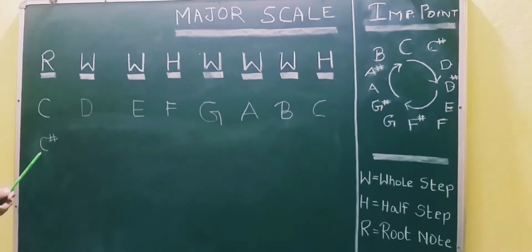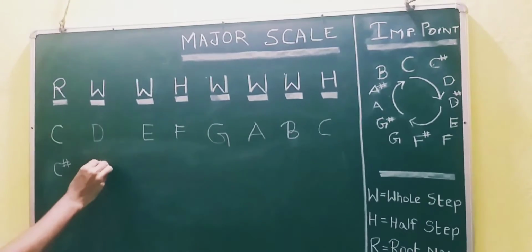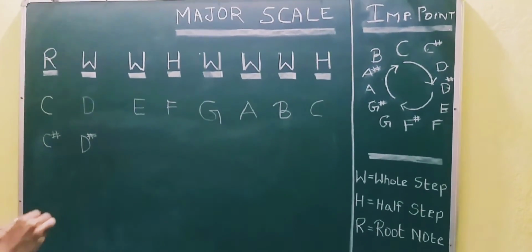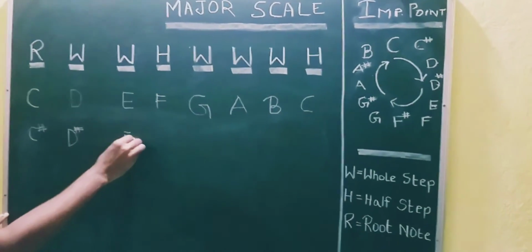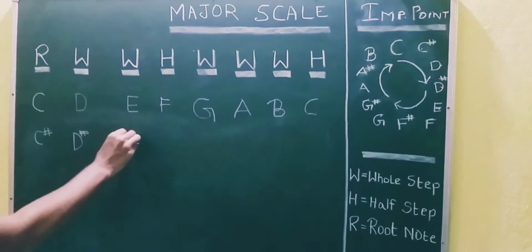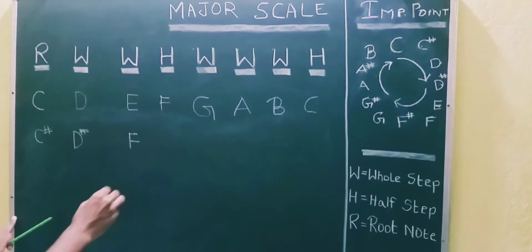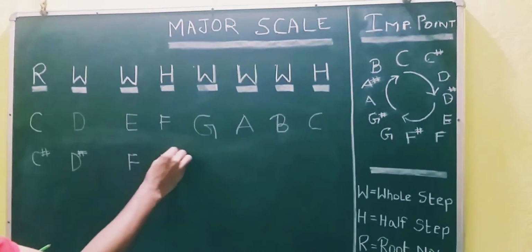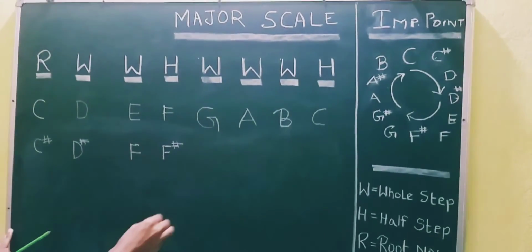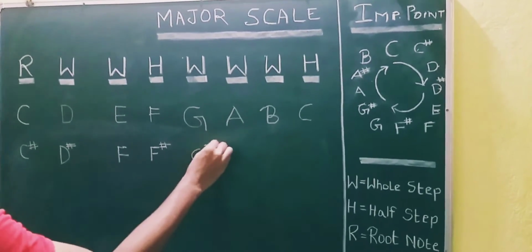C sharp major scale. After taking a whole step, we will get the D sharp note. After taking a whole step, we will get the note F. After taking a half step, we will get the note F sharp. After taking a whole step from F sharp note, we will get the note G sharp.